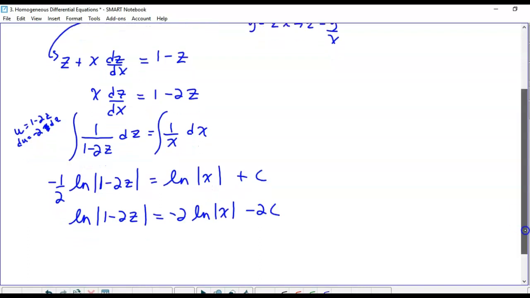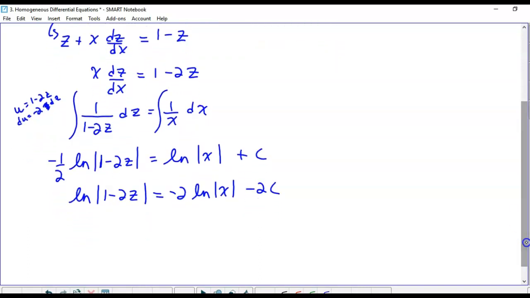Okay, now it's in terms of z. So I want to substitute back in. Remember, z is y over x, so this is going to be ln of 1 minus 2y over x.